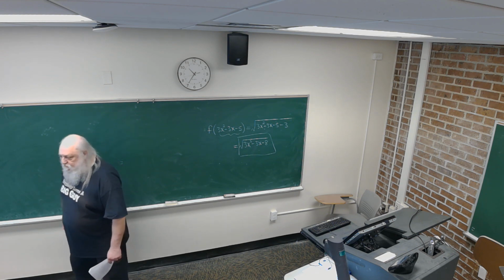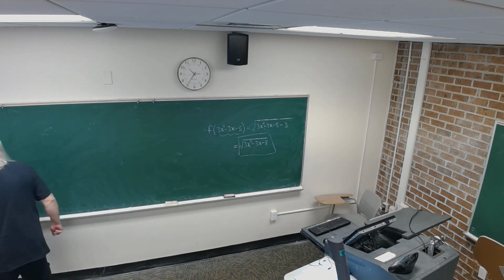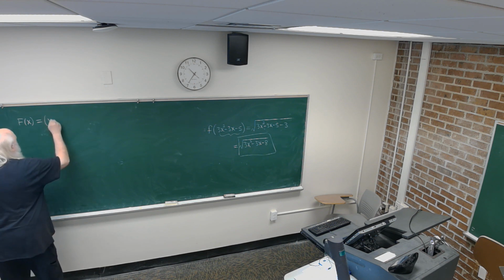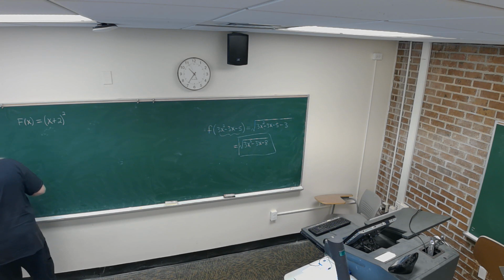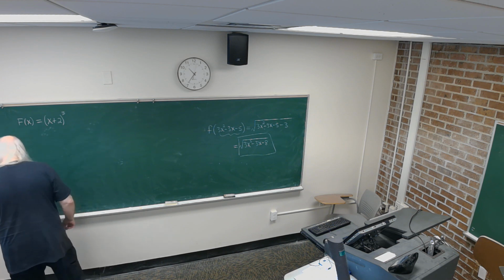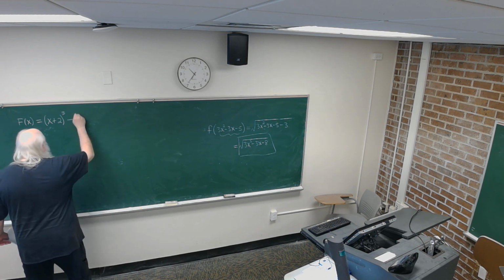because there's no magic formula. Okay. So we're going to take big F of x, which is equal to x plus 2 squared, or is it cubed? Minus the absolute value of x plus 2.